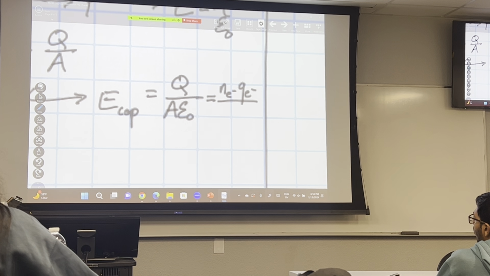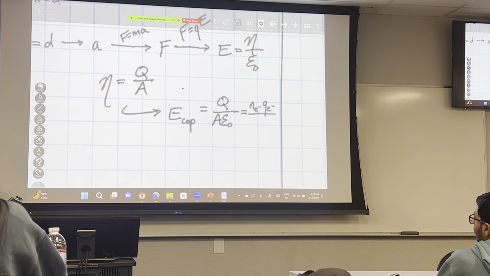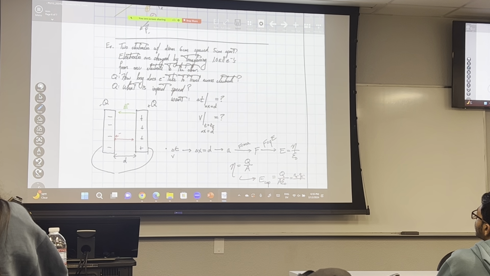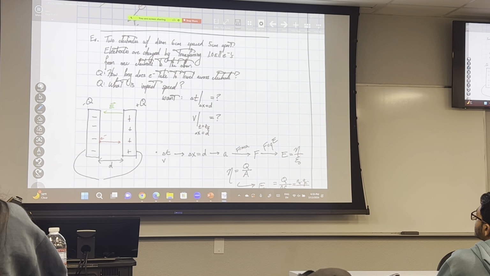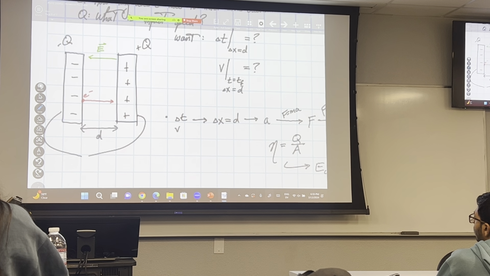Do we know the area of the electrode in this problem? Well, what shape is the electrode? If it has a diameter of 6 centimeters, then it is circular.